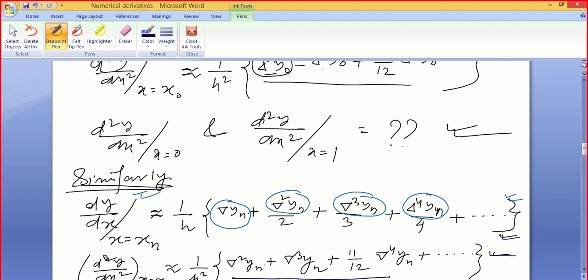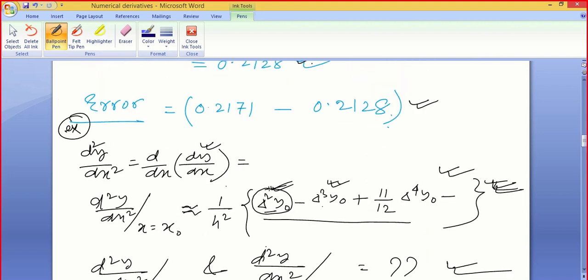This is for backward actually. For forward, from the starting side, it will be an alternating series, and you have to pick up the upper diagonal elements for this formula. Plus minus plus, alternating series starting from second difference, third difference, fourth difference.